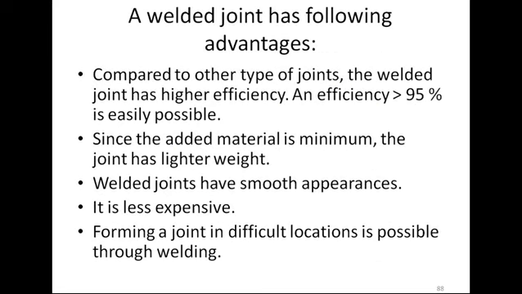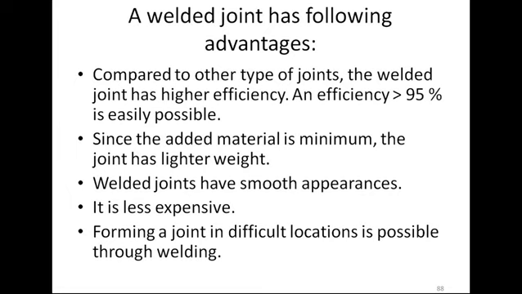Now, a welded joint has the following advantages. Why do we prefer the welded joint? Because of the following reasons. First, compared to other types of joints, welded joints have higher efficiency, and efficiency greater than 95% is easily possible. That is why we prefer it.